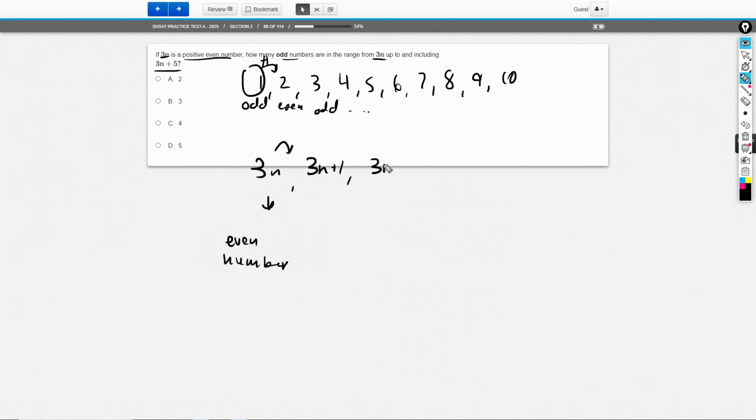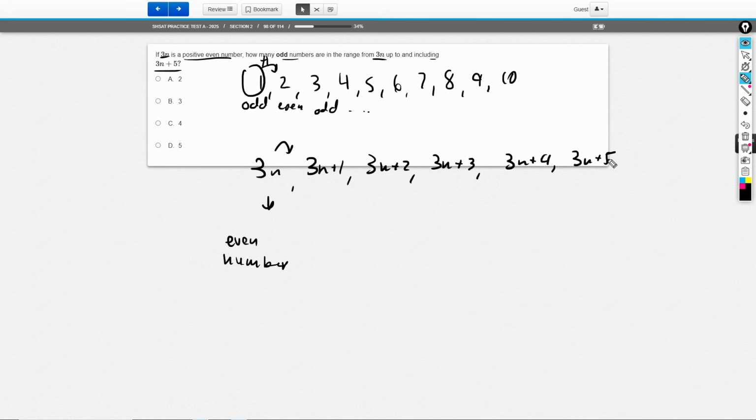Then my next number is 3n plus 2, my next number is 3n plus 3, and then my next number is 3n plus 4, and my next number is 3n plus 5. And that's where I'm supposed to stop, because we're supposed to go up to and include 3n plus 5.